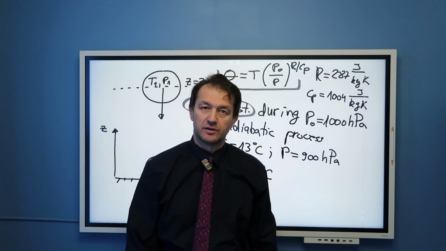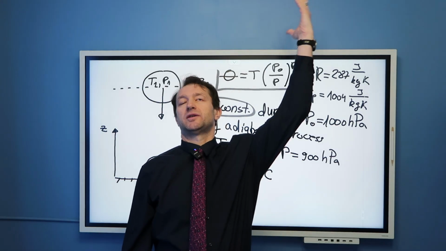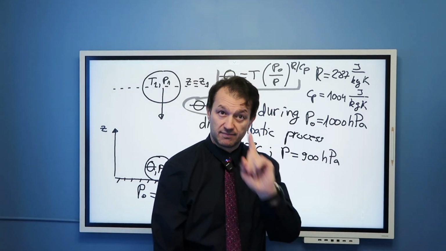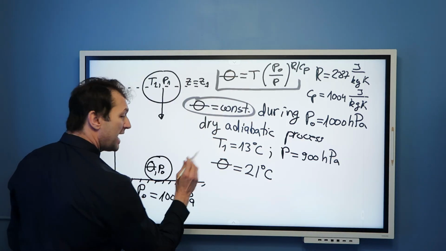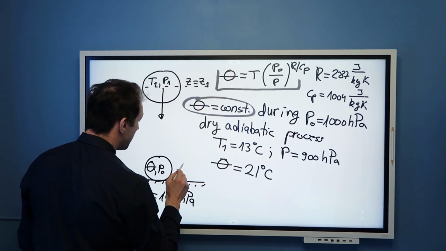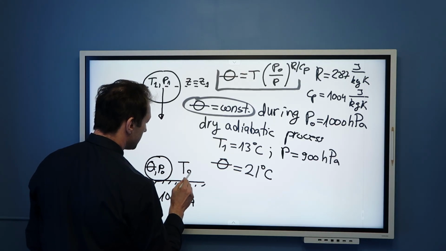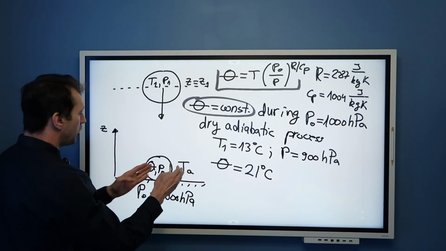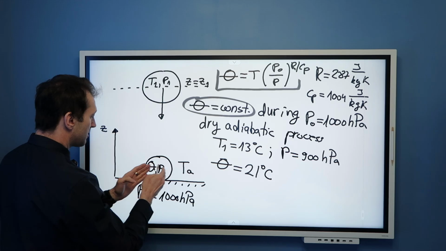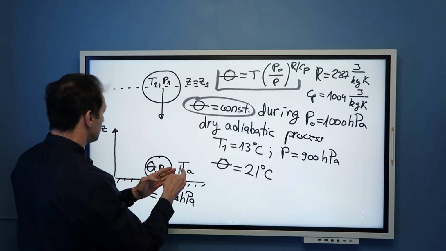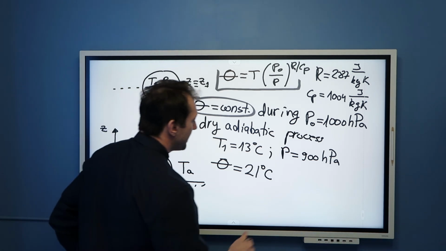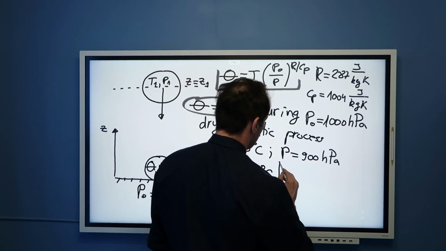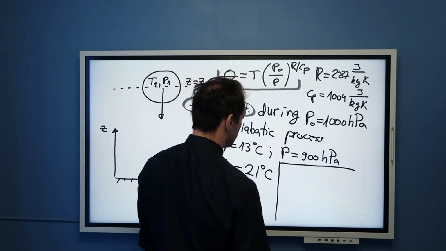You say, excellent, so what? Now look at this beauty. I now tell you that the ambient temperature of the air is TA. This is not the temperature of this parcel of air, but the temperature of the ambient atmosphere around this parcel of air. Now we have a few options.